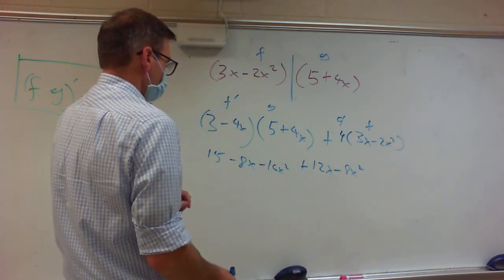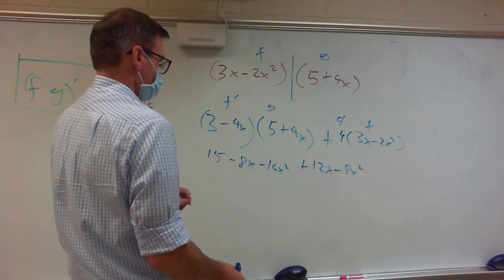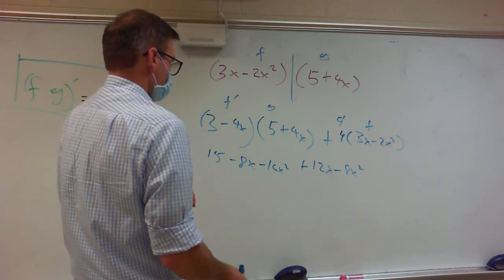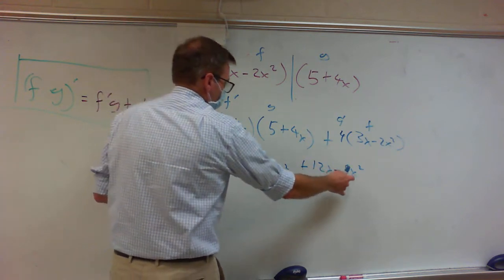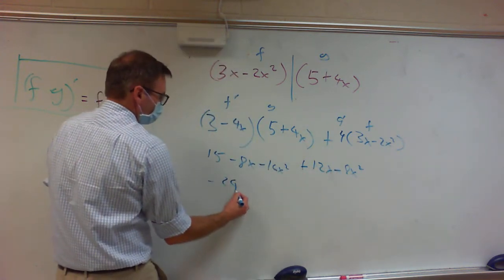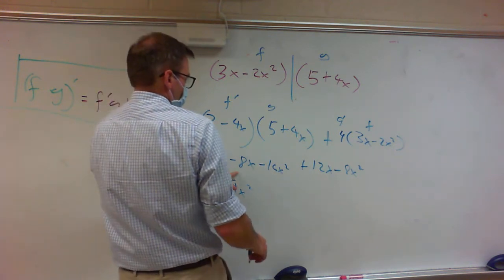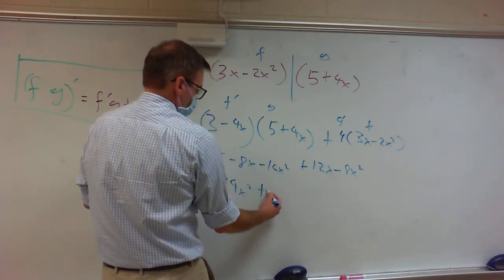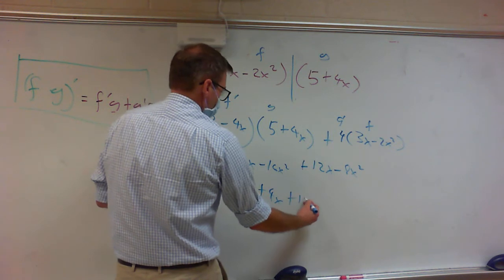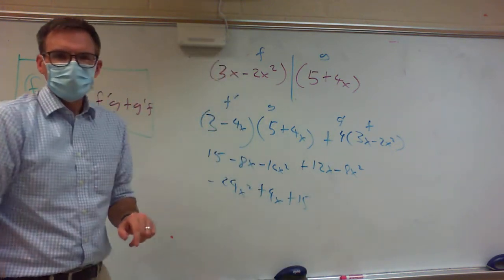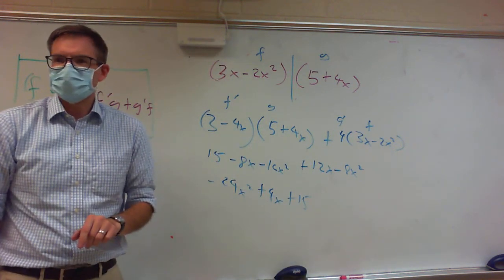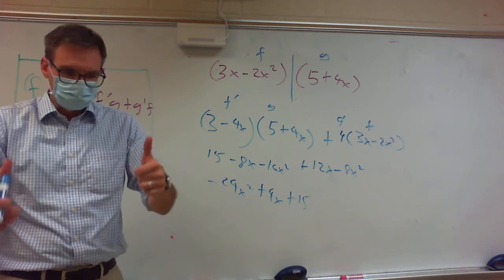So minus 16 minus 8x is negative 24x squared. And minus 8x and 12x gives me a plus 4x, and I get a plus 15. And I really hope that was the answer we got at the beginning. Yeah, that was. Awesome.